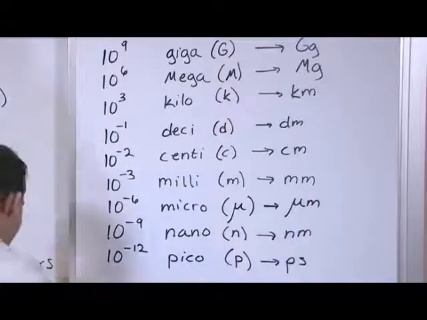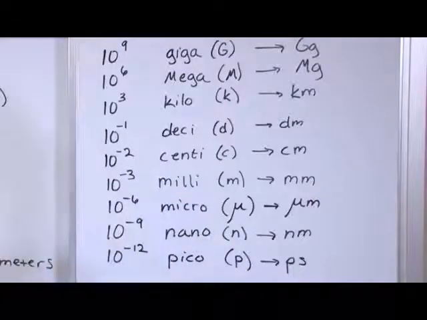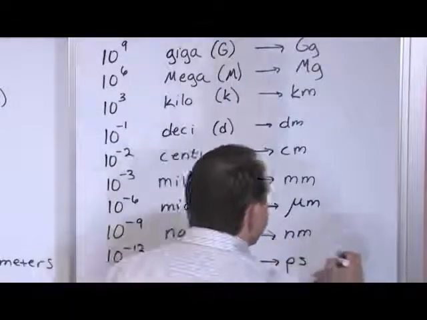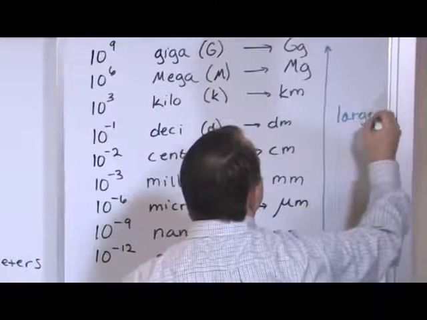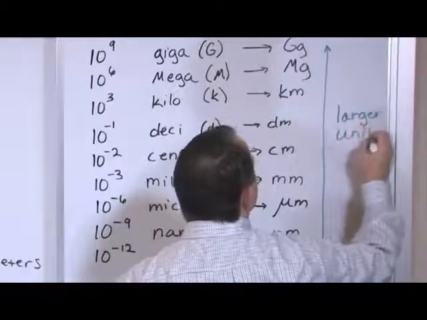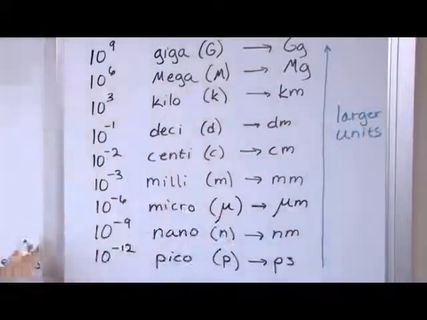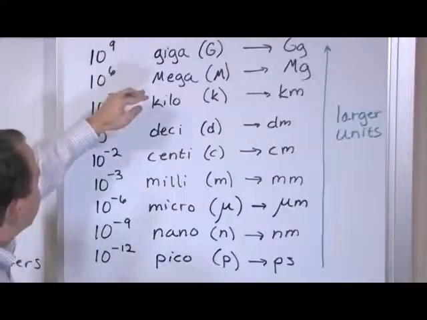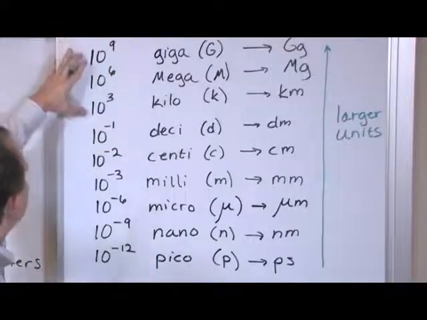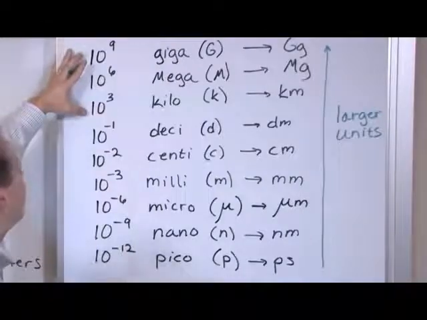So I don't think I have to say this, but just for completeness, this scale, as we go this way, we go to larger units. So this is the metric system in a nutshell. This is the Cliff Notes version of the metric system. We have prefixes like giga and mega and kilo to represent large units of a meter or a second or a gram or whatever.